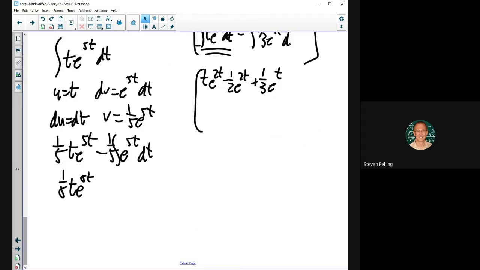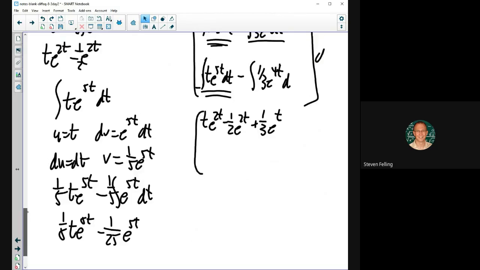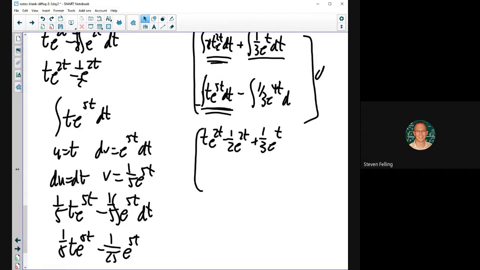When we do this integral, we'll divide by 5 again, so we'll get 1/25 e to the 5t. So that's what we're going to get when we do the integral of this right here. Then we get 1/5 t e to the 5t minus 1/25 e to the 5t.